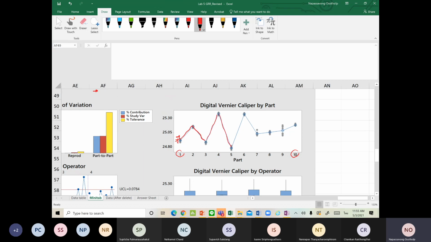So you will see that part number 4 and number 6 have higher dimension, in this case higher diameter, whereas part number 5 is pretty small.